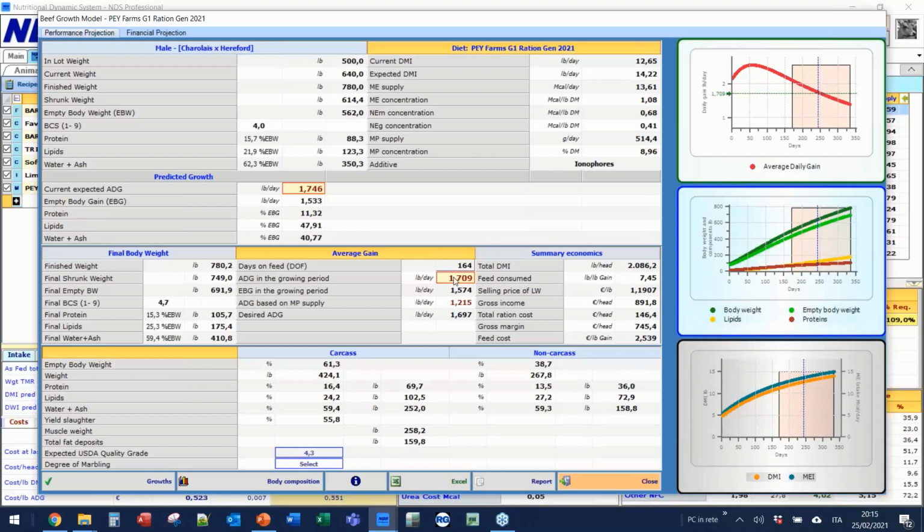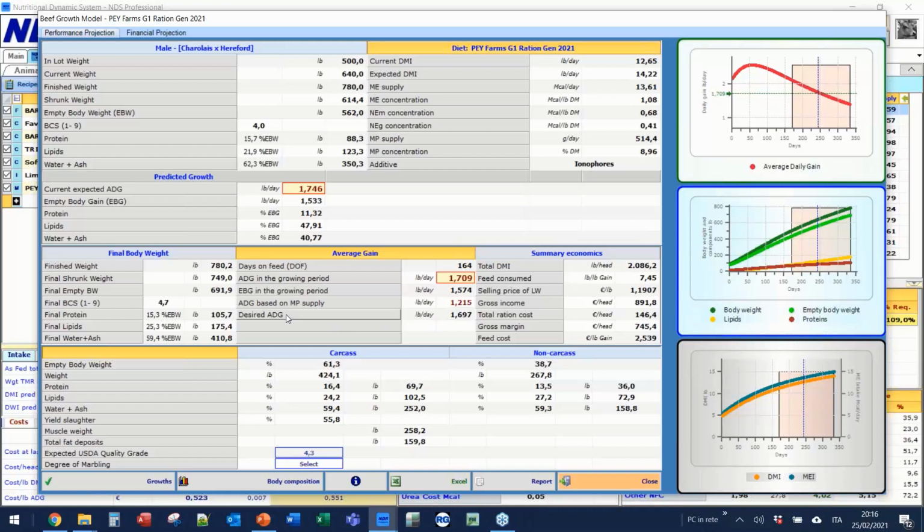We have 1.709, 1.71 as average daily gain, 1.57, and we have another way to evaluate the MP allowable milk different than what Cornell provides, and in this case we predict based on the nitrogen and the energy and different aspects, we predict 1.2.